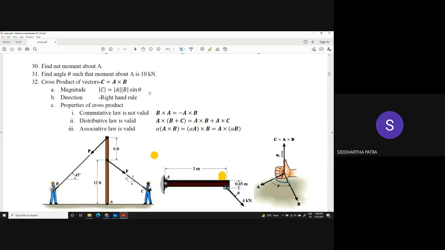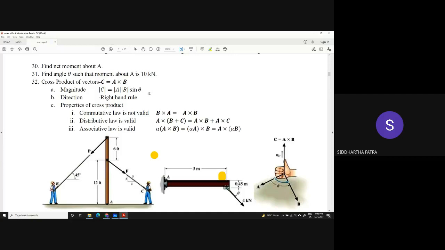So if you move counterclockwise from A to B, then the direction is in the positive side of the normal, or otherwise it is in the negative side. If your fingers curve into the direction of going from A to B, your thumb points towards the direction of the vector.